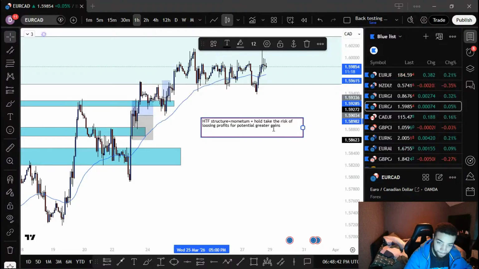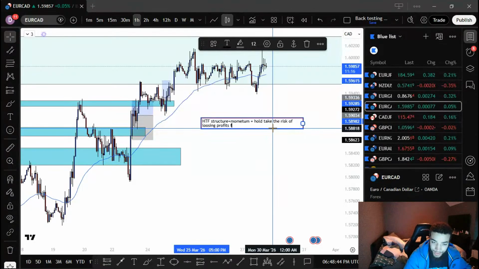So I'm actually going to rephrase this. Higher time frame structure and momentum equals aggressive entry and, I think, conservative exit. I don't know how you spell it. Conservative exit.